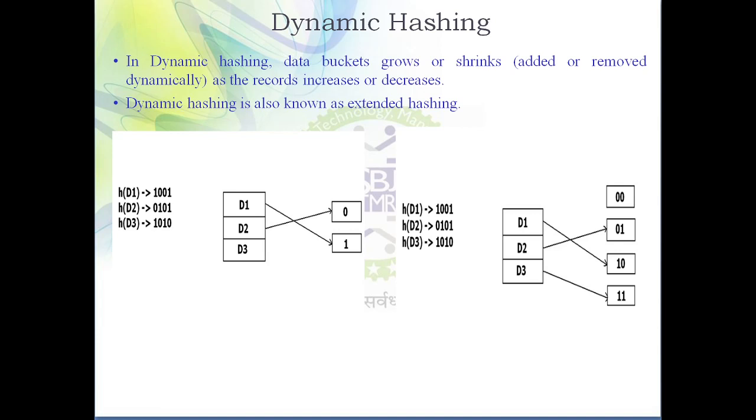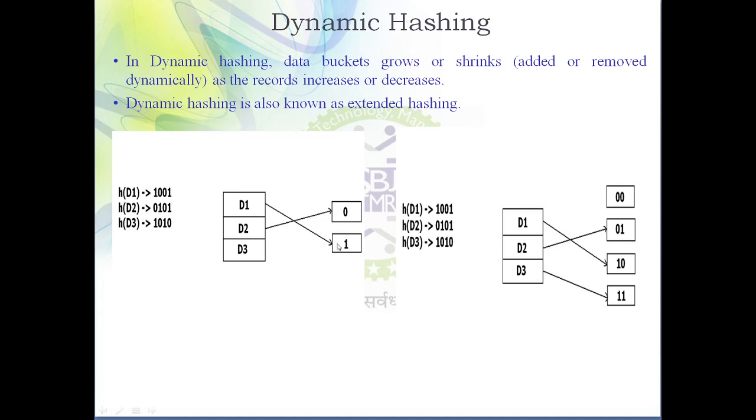In this case we are going to consider only the first bit, 0 and 1. So here you can see I have considered only the first bit of this address as 0 and 1. D1 is stored at bucket 1, D2 is stored at location 0. Now I face a problem where I should store D3, because space is not available.